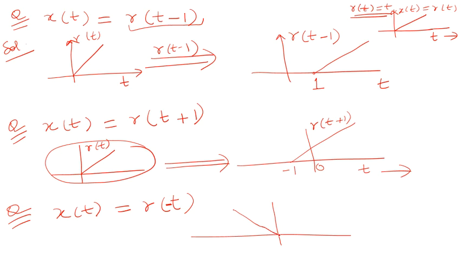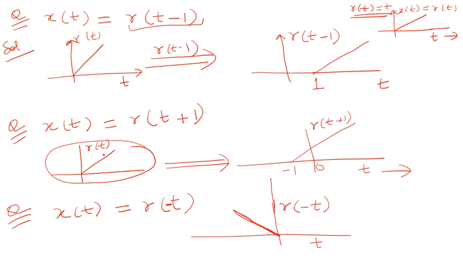This should be a straight line, so this will be r(minus t). Let us extend this more. So this will be t.